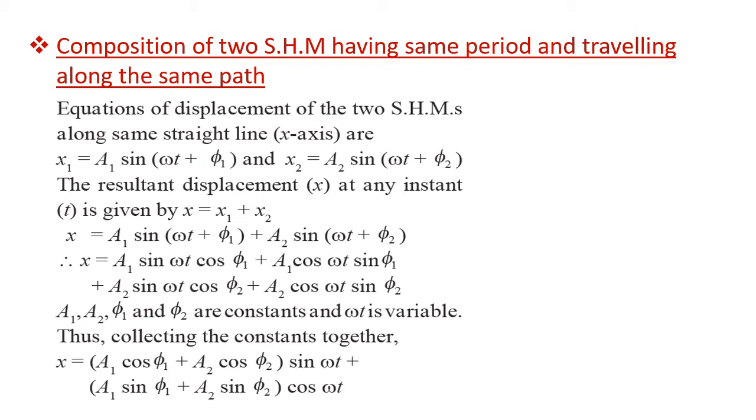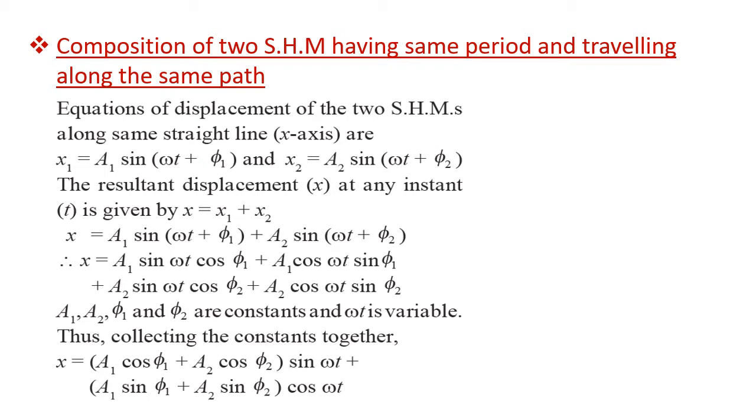We get x equals a1 sin(omega t plus alpha 1) plus a2 sin(omega t plus alpha 2). Now this equation we have to solve by using trigonometric formulas. When we apply the simple trigonometric rules, we get x equals a1 sin omega t cos alpha 1 plus a1 cos omega t sin alpha 1.